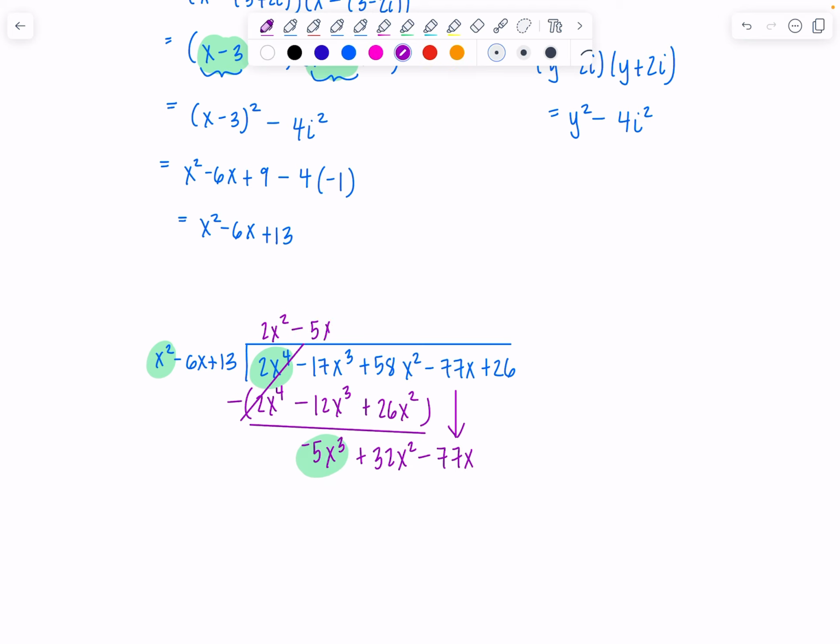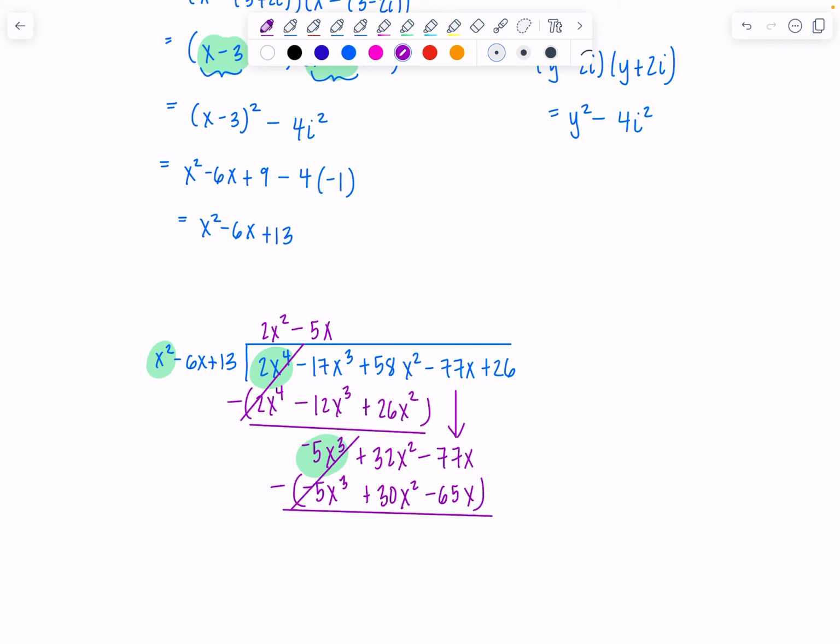Negative 5x. Then I distribute that. So negative 5x cubed plus 30x squared. I'm distributing it to the divisor, everybody out here. 5 times 13, so minus 65x. And then we subtract this from the row above.